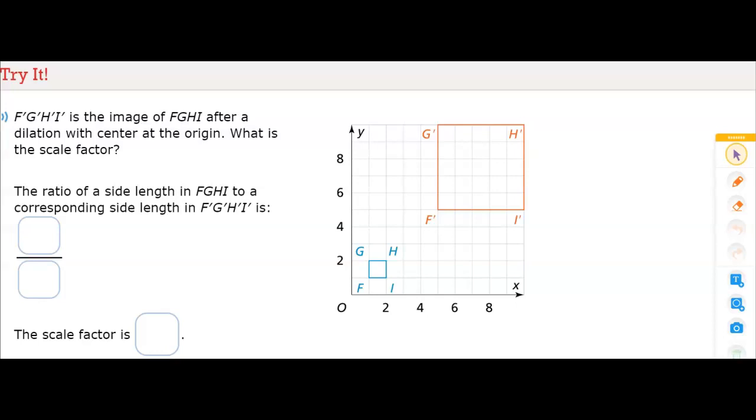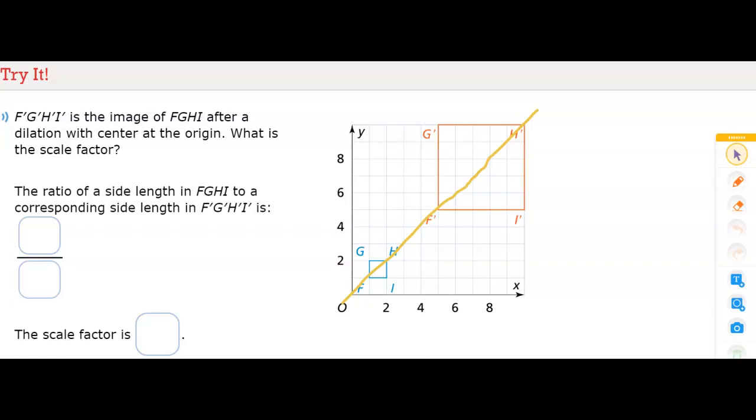All right, so we have our original image here. This is our prime image. So we're going to look at O, and we draw a line. It's not quite straight, but straight enough.